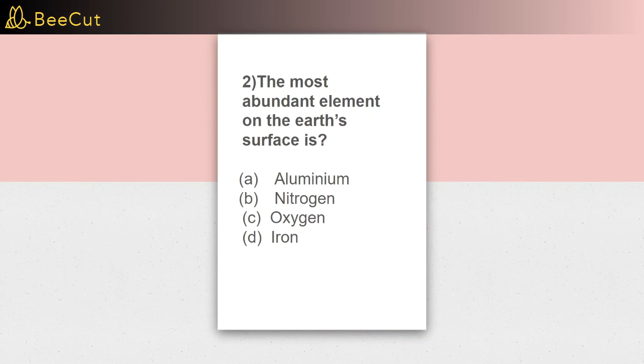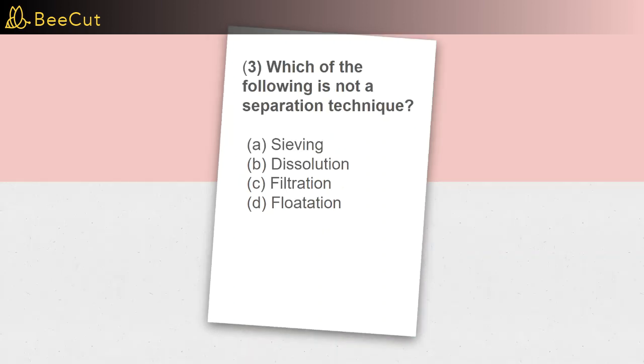Number 2, the most abundant element on the Earth's surface is oxygen. Oxygen is the most abundant element. We use it the most on the Earth's surface. Which of the following is not a separation technique? Sieving is a separation technique. The solution, we cannot use the solution to separate two constituents of a mixture.